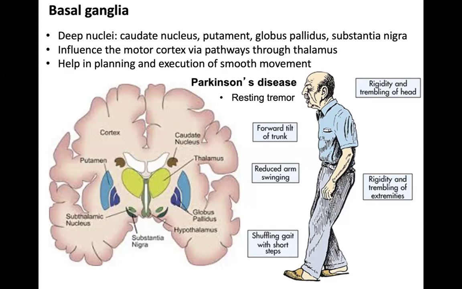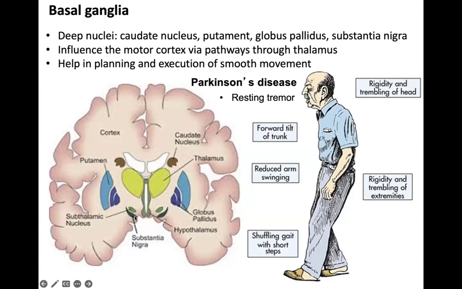Now, we talked about acetylcholine in the muscle. Acetylcholine can also be found in some parts of the brain, but in the basal ganglia, the major neurotransmitter is dopamine. If you look at these pictures, the part of the basal ganglia that produces dopamine is this little guy right here called substantia nigra.